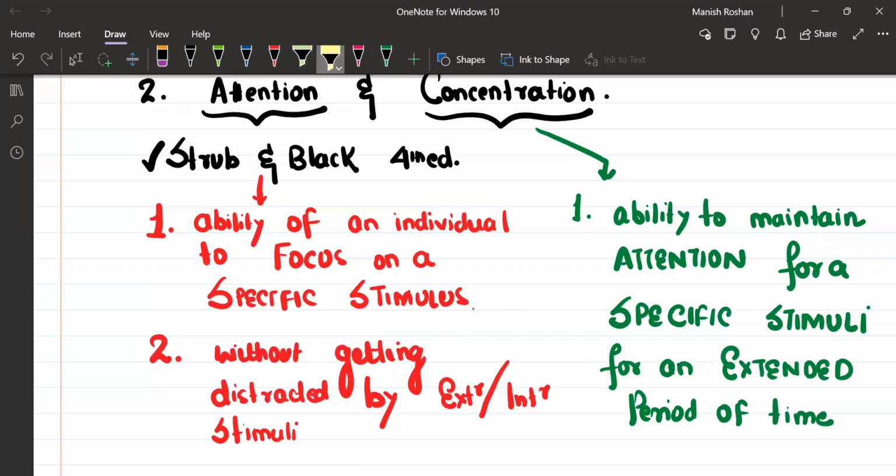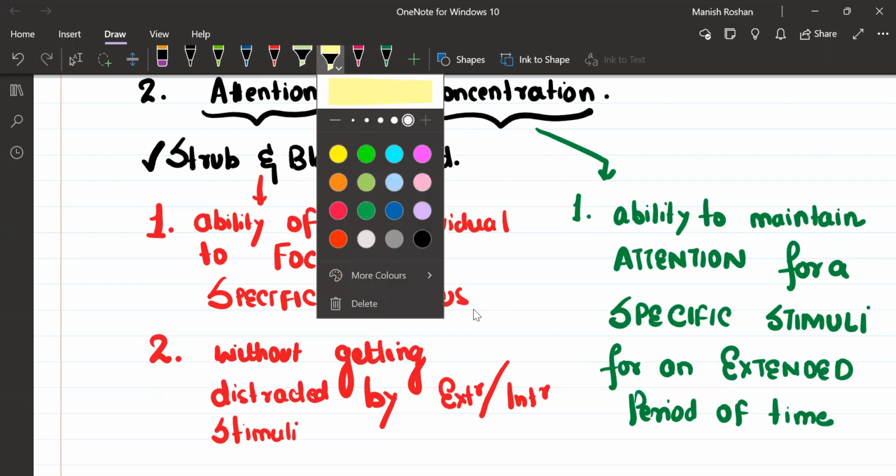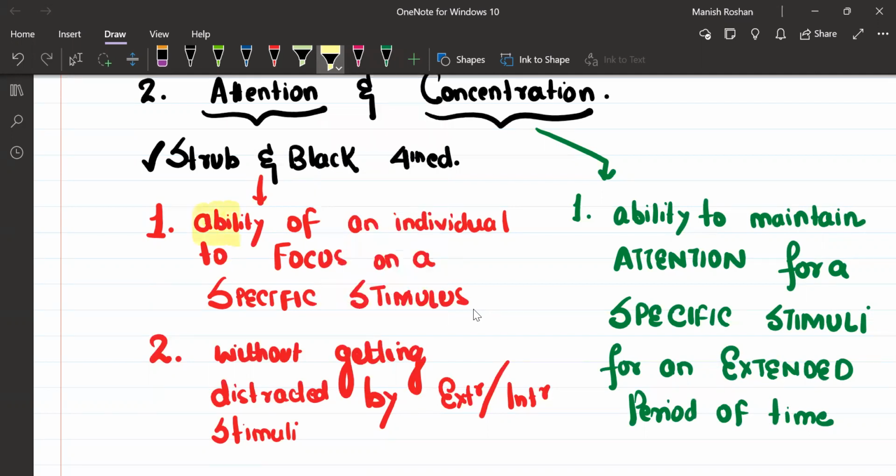So let's revise the important parts. First is attention: the ability to focus on a specific stimulus without getting distracted. Concentration is the ability to maintain attention for a specific stimulus for an extended period of time.